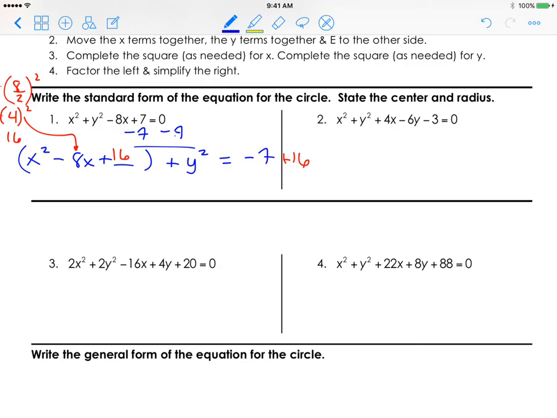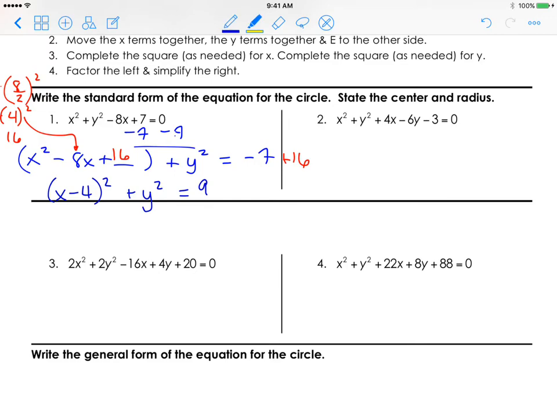Okay, I'm going to factor that trinomial now. So what two numbers multiply to give me 16, add to give me negative 8? It should be a perfect square binomial if I did my math right. Y squared doesn't have any way to factor with. And then negative 7 plus 16 is 9.